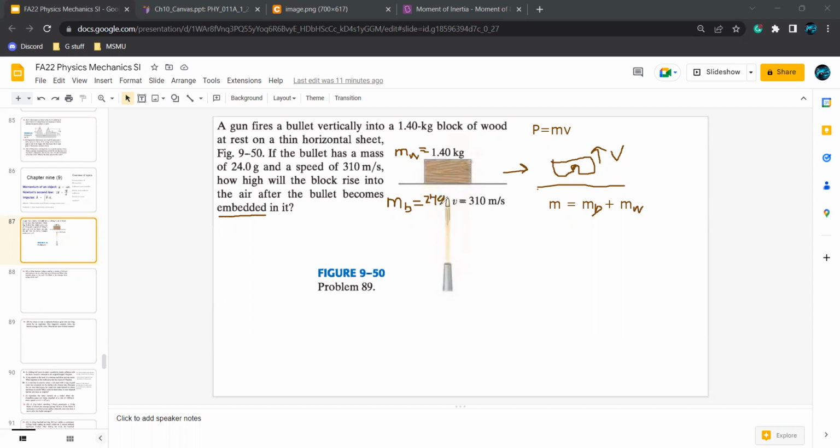Right, and then if we do our King Henry, we can move the grams over to kilograms with 3 hops. So that becomes 0.024 kilograms, sorry.